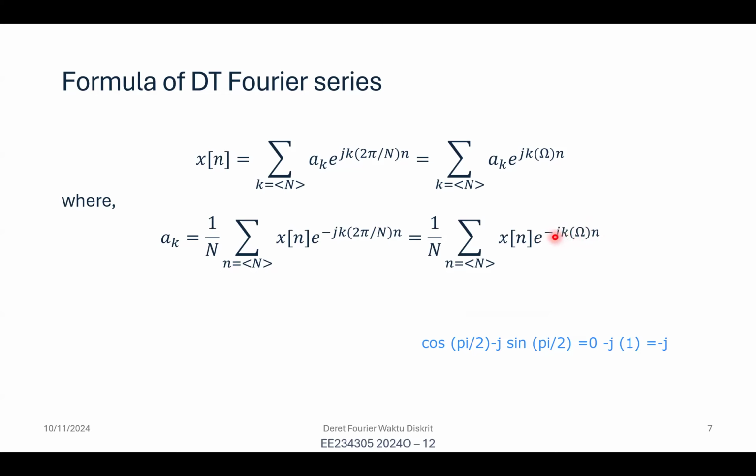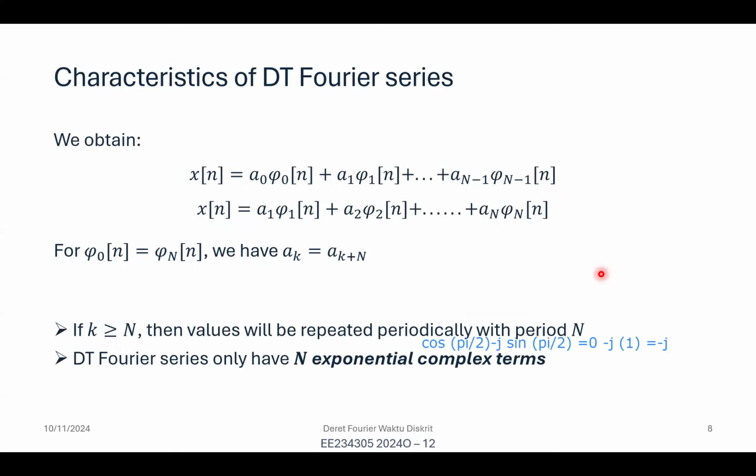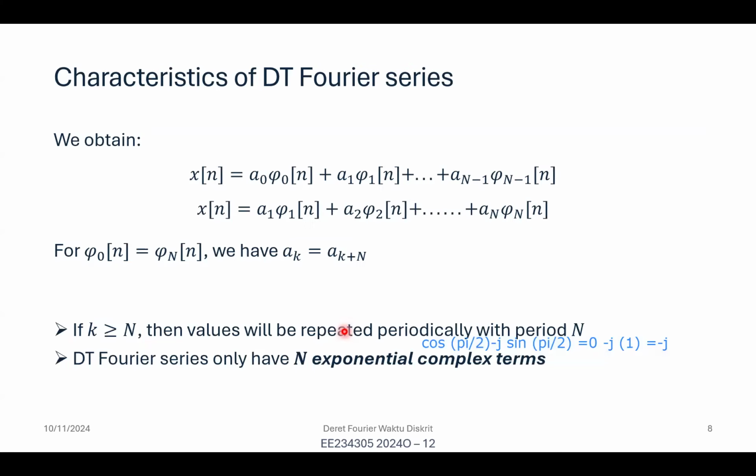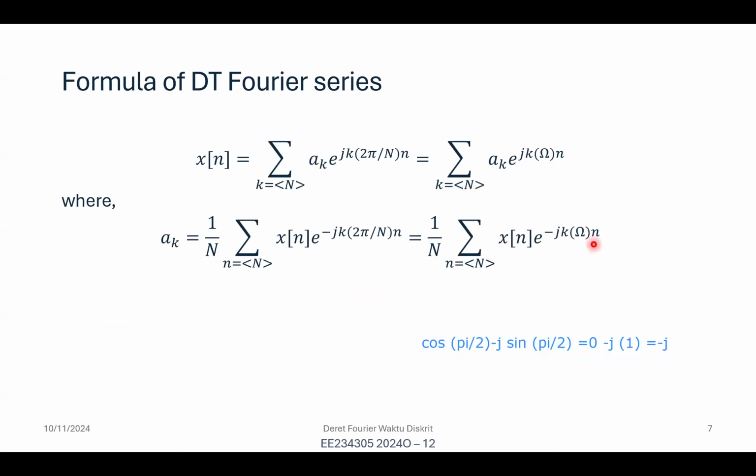So we have to take care of e to the power of minus jk omega, which is this part, and we just need n now.